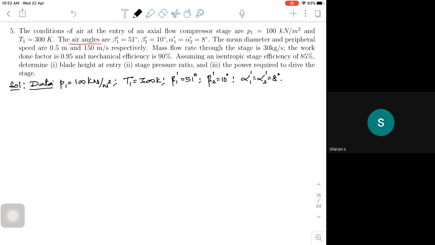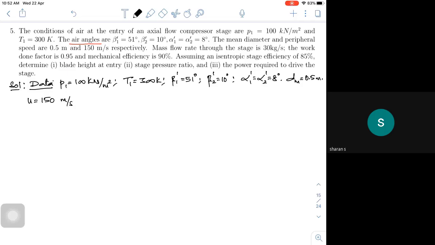The mean diameter is dm, which is 0.5 meters, and the peripheral speed U is 150 meters per second.